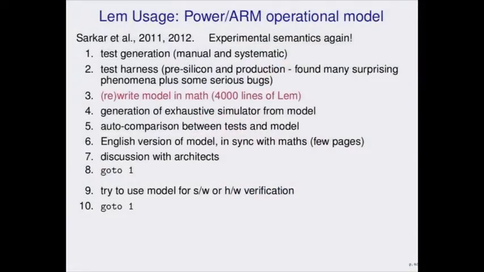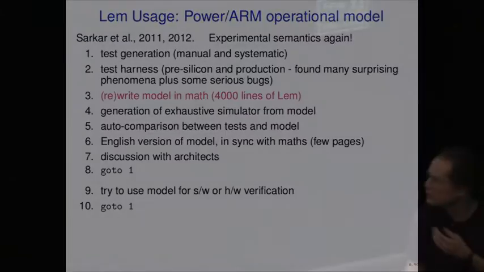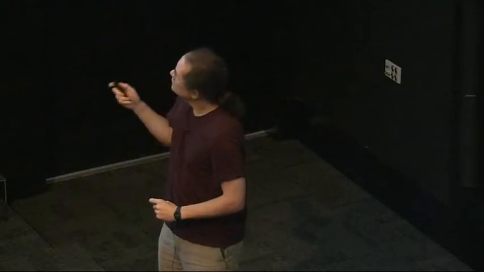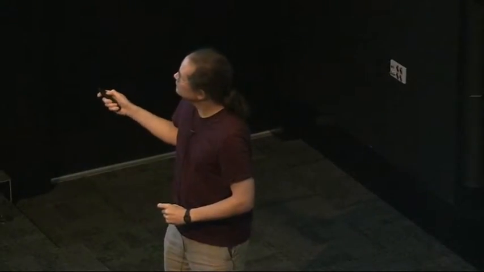So, let me give you two examples of usage of that. So this is Sarkar et al.'s work on building a semantics for the concurrency behavior of Power and ARM multiprocessors. So this is, again, this kind of experimental semantics deal. Right?